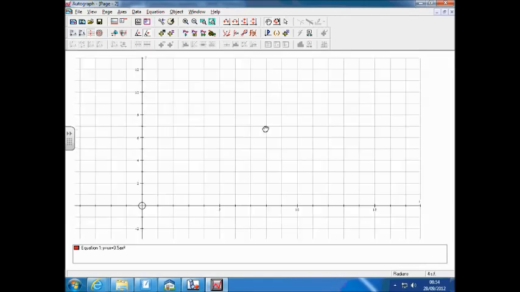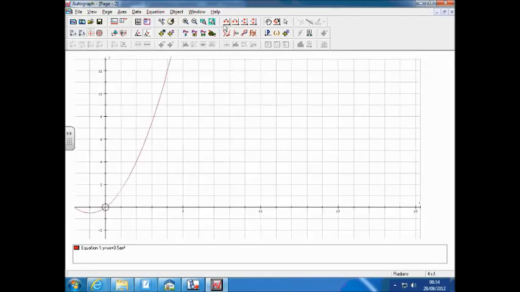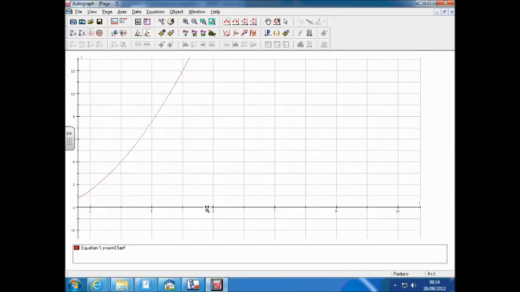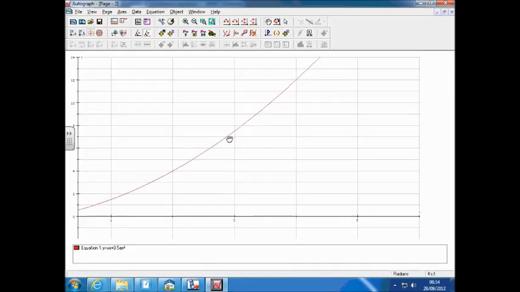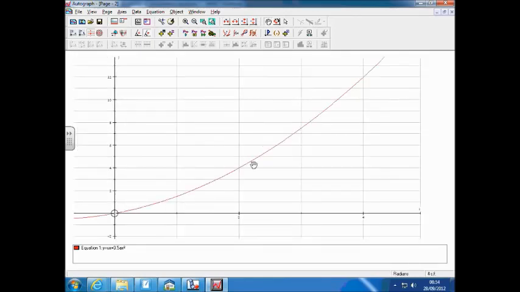So let's bring it down here and zoom in on the x-axis so we can spread it out, and then shift it across. Now we've got the relationship between displacement, on the y-axis, and time, on the x-axis.